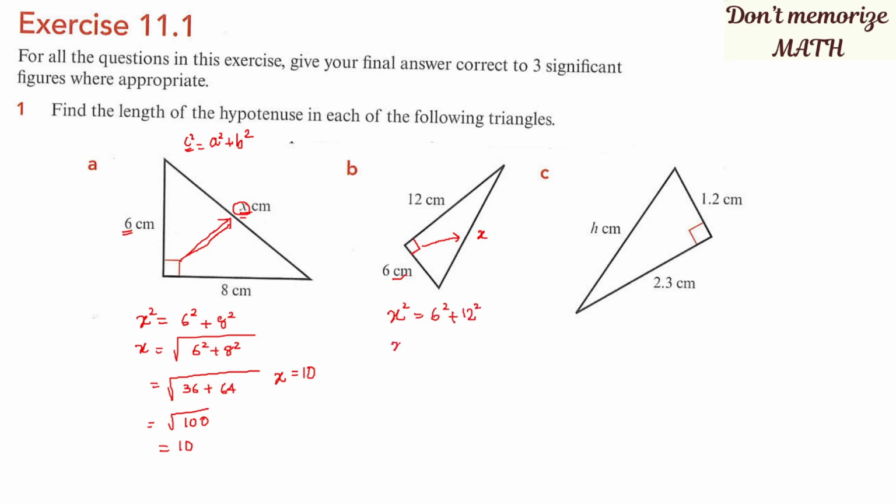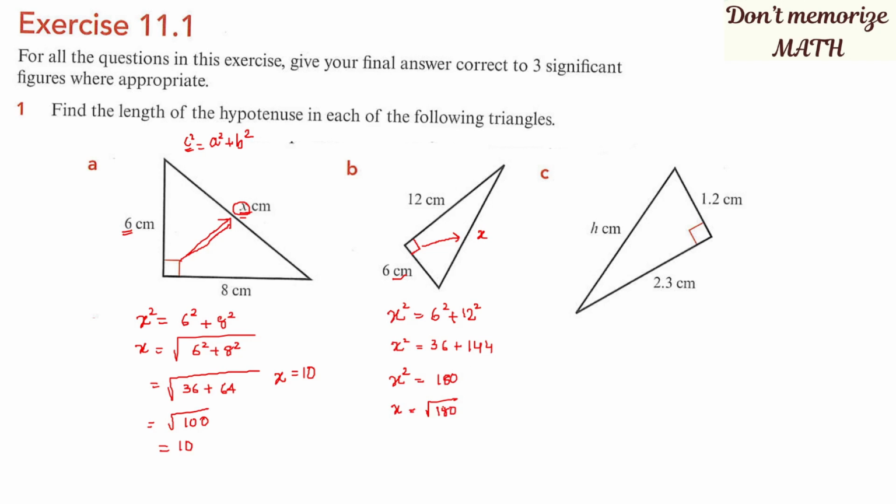So x squared equals 6 squared, which is 36, plus 12 squared, which is 144. Just add them. So x squared equals 180. So x is equal to the square root of 180.